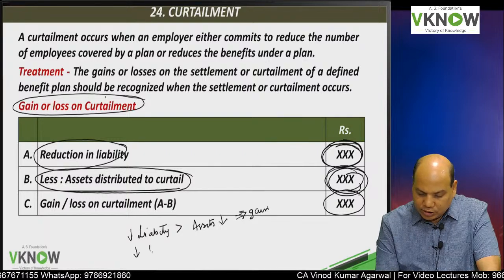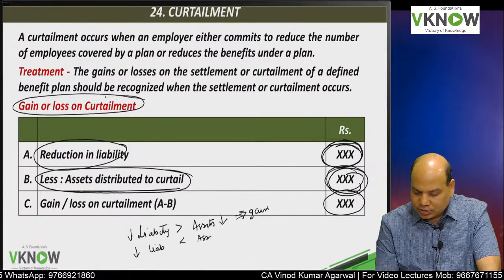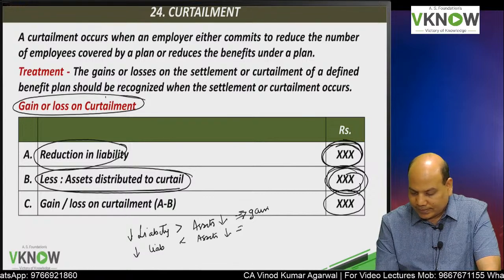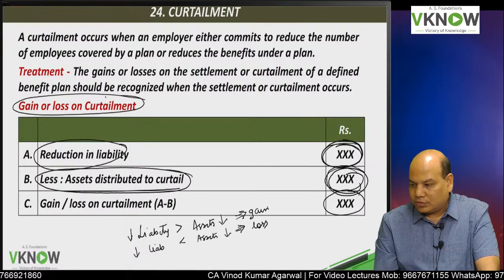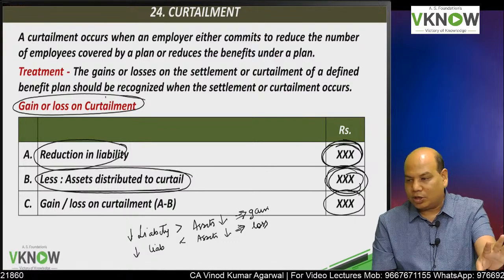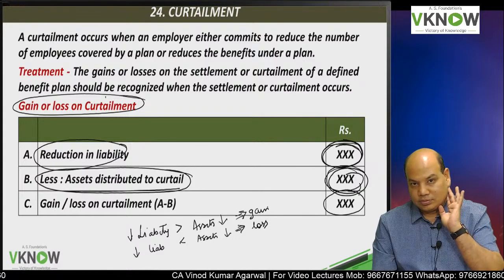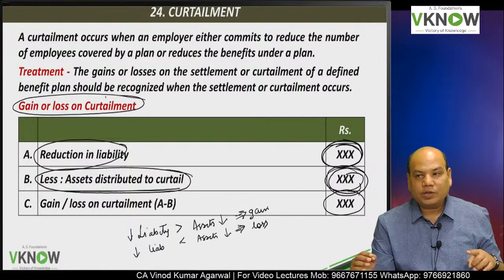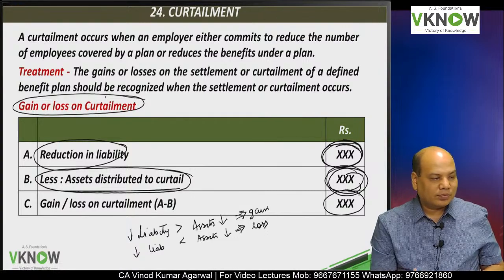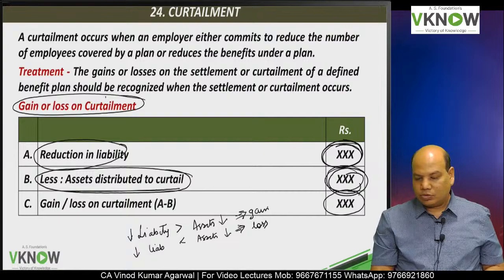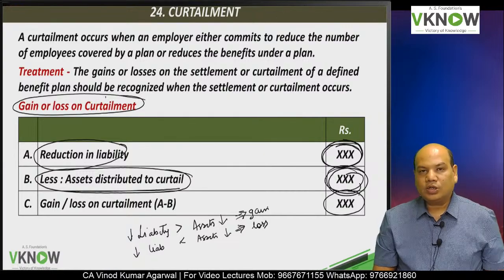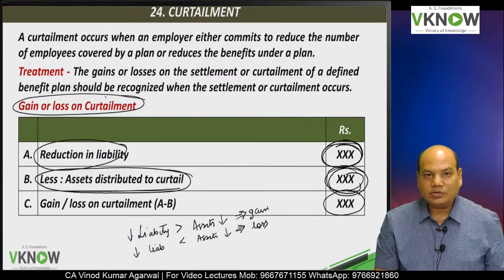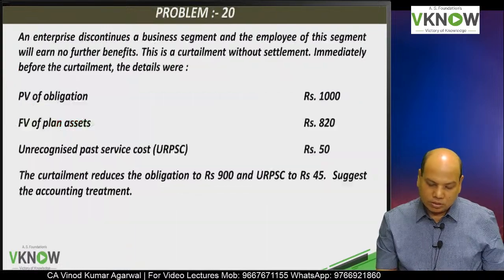If liability reduces less than reduction in asset, then it is a loss. If I have to settle a liability of 100 by paying 50, it's a gain for me. But if to settle a liability of 50, I have to pay 60 rupees, then 10 rupees is my loss. So that gain or loss on curtailment will be transferred to profit and loss account.